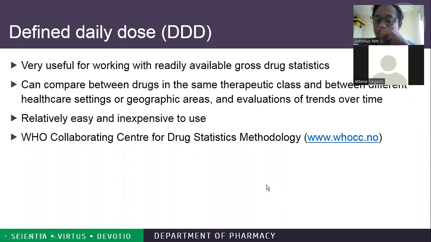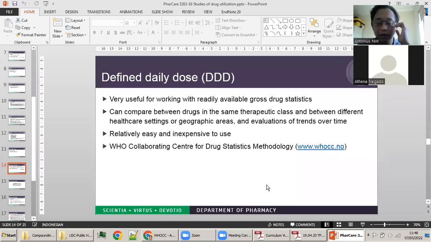I will introduce the website to you. In this defined daily dose, they use what is called the ATC. ATC is the Anatomical Therapeutic Chemical classification system. So they use the ATC.